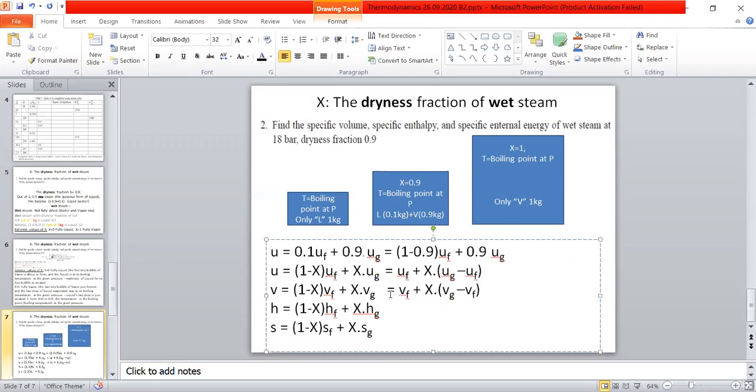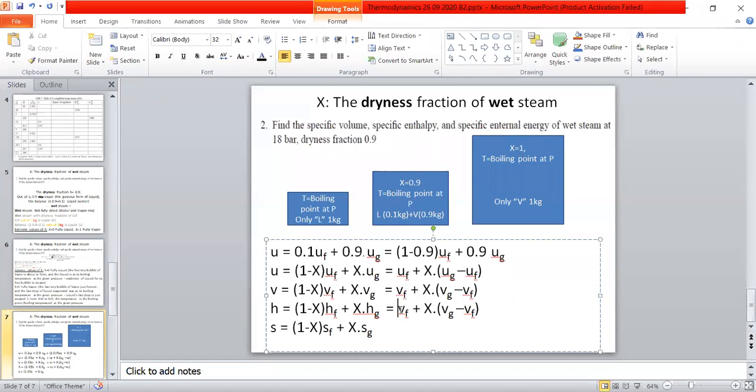What is the VF value, by the way? VF is not in the table because of simply one reason. VF is generally well known, right? Liquid per kg volume in meter cube. So well known.